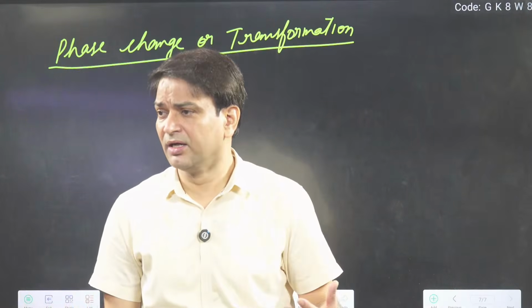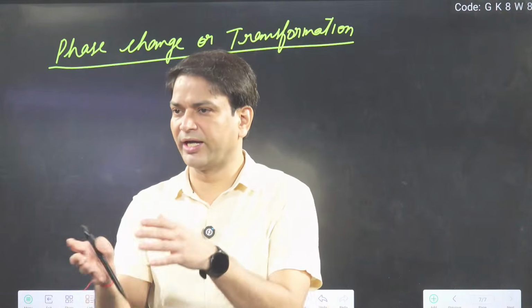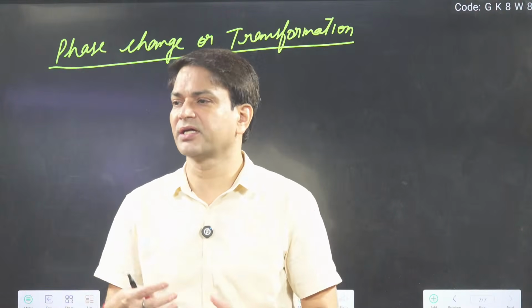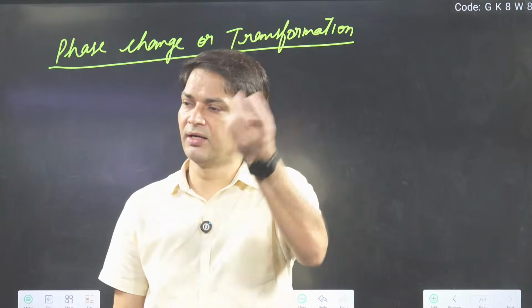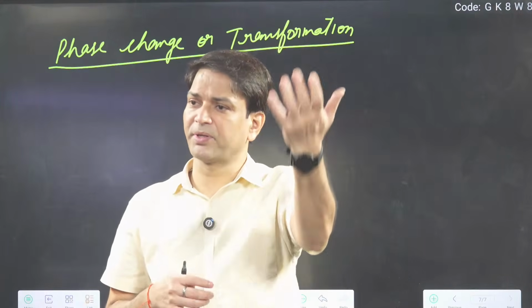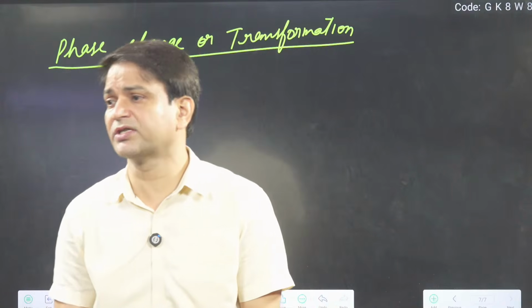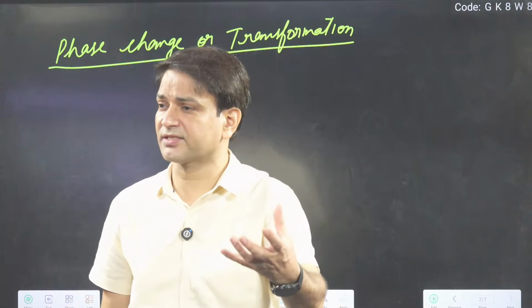What is melting? Conversion from solid state to liquid state. What is vaporization? Conversion from liquid state to vapor state. What is condensation? From vapor state to liquid state. What is sublimation? Sublimation is the conversion from solid state to gaseous state.